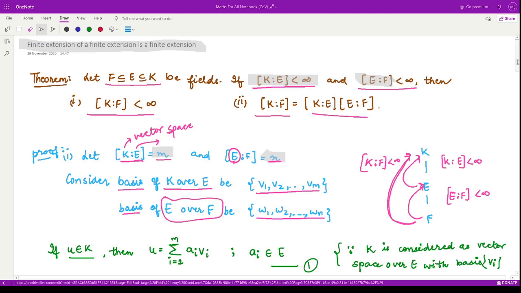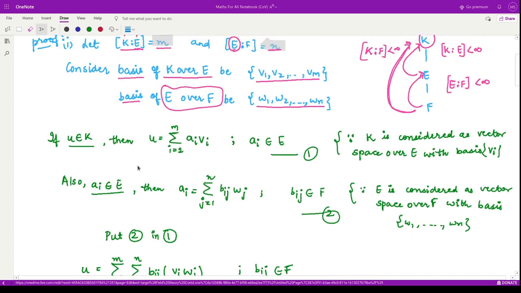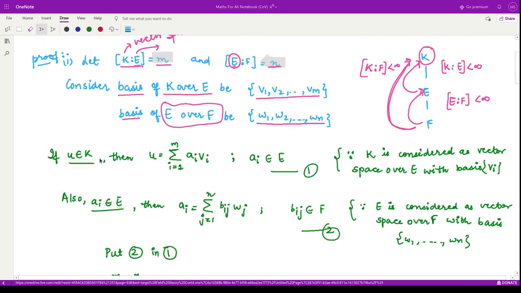So let us take an element from this field K. So let u belong to K. Then, because K has basis elements v1, v2 up to vm, we can write the element u as a linear combination of its basis elements. This is by virtue of the property of a vector space.